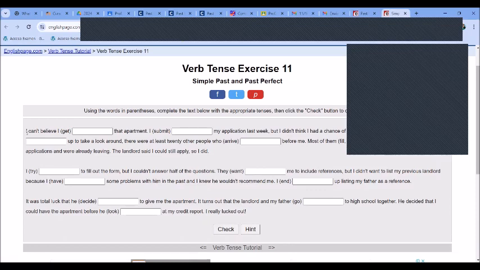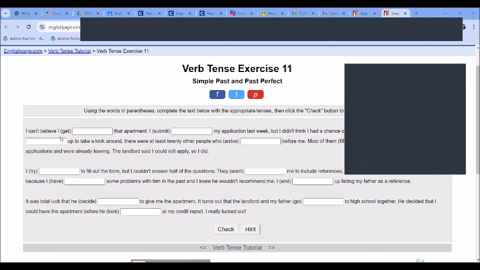I'm going to read the first one, and then you will fit in the answers with me, all right? So in the beginning, you're seeing past simple. I can't believe I got or had got. What do you think, Zaud?